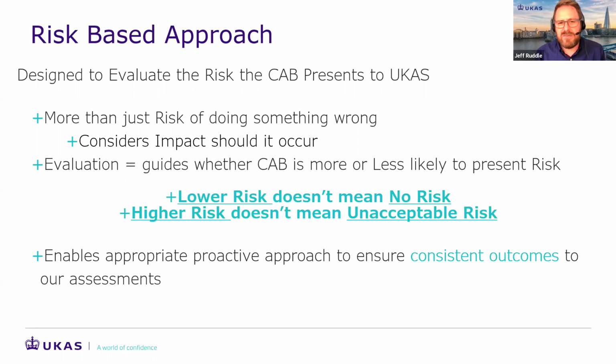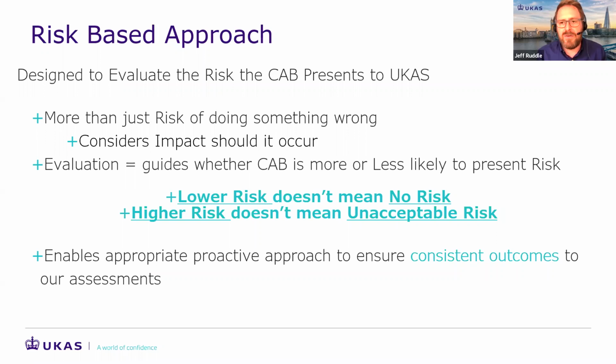Firstly, this is the risk that the organisation, the conformity assessment body, presents to UCAS. And what we're doing here is looking at indicators of how well that organisation is operating, from historic performance, from current issues, what challenges it's got going on at the moment, but also considering the impact that if something went wrong, what impact that would have.